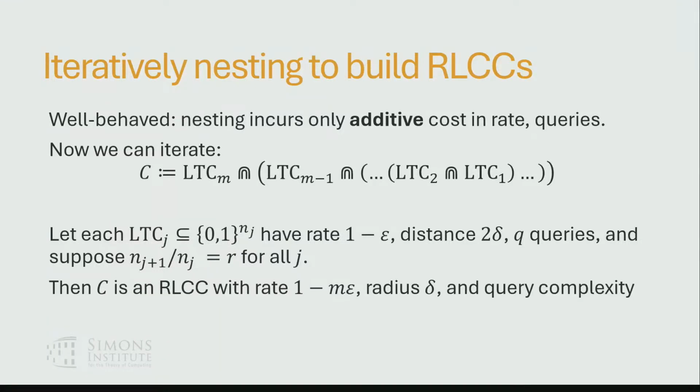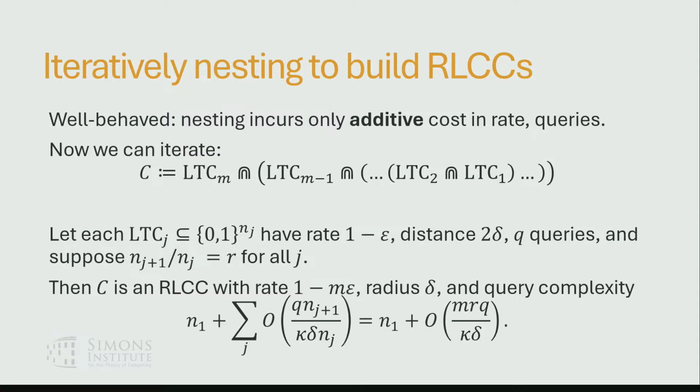So the loss in rate will be m epsilon, and the query complexity will also add. We get this by summing the query complexity term over all of the m LTCs, plus the n1 term for the trivial RLCC where you just read everything. So we get this very clean expression for both the rate and the query complexity.